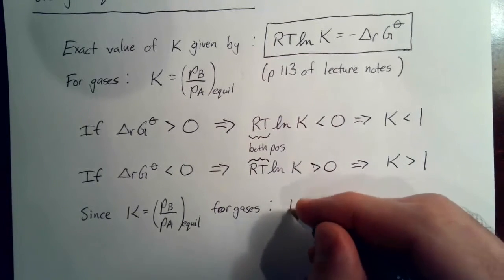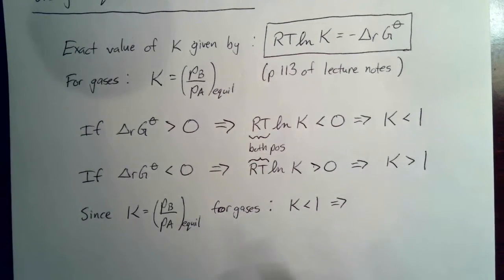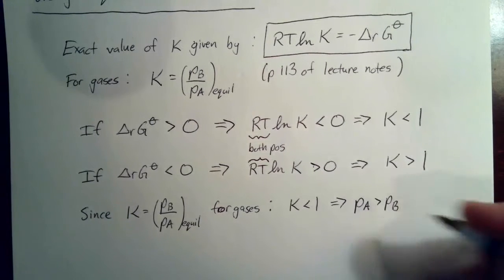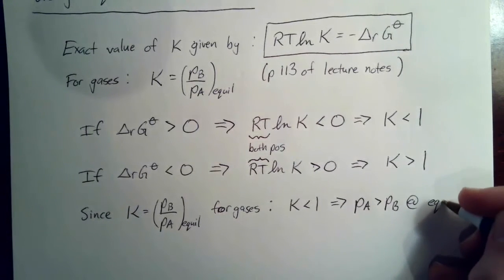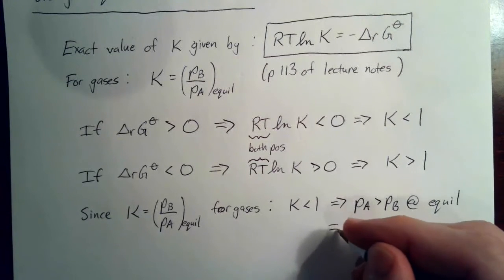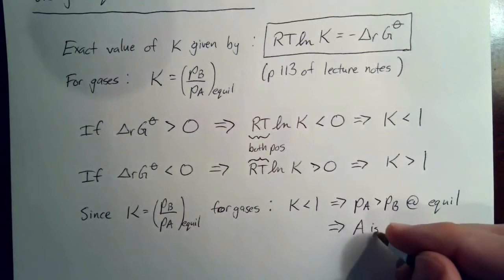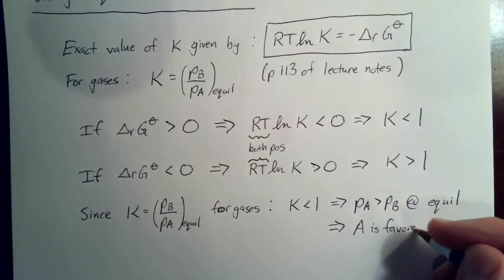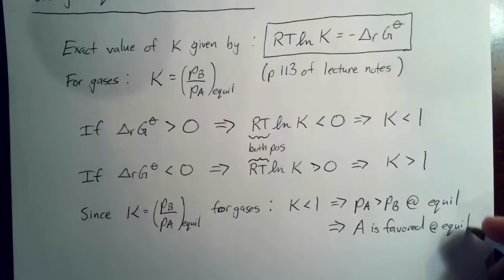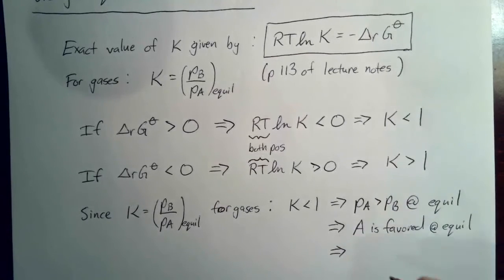So if K is less than 1, that would imply that the denominator is bigger than the numerator at equilibrium. And if the partial pressure of A is greater than the partial pressure of B, that would imply that A is favored, meaning there will be more of it than B at equilibrium. And A is the reactant.